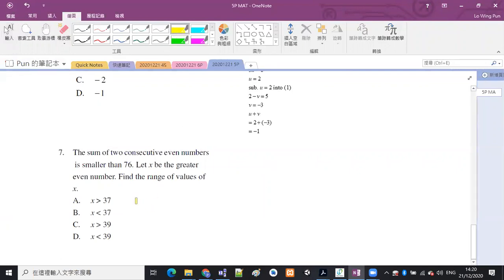Again, you need to highlight these words, consecutive even numbers. What is meant by consecutive? It's 連續 even numbers, 連續嘅雙數. x is the greater, that is the larger even number. So how about the smaller one? If x is the larger one, then the smaller one should be just x minus 2.